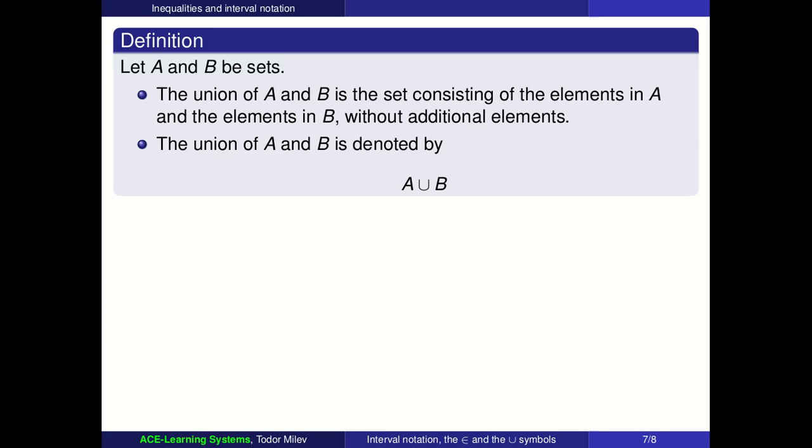So that set is called the union of the two sets. So that would be two intervals. If the two intervals do not overlap, the union of two intervals is two disjoint pieces.